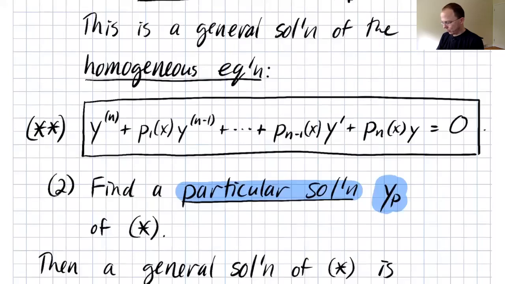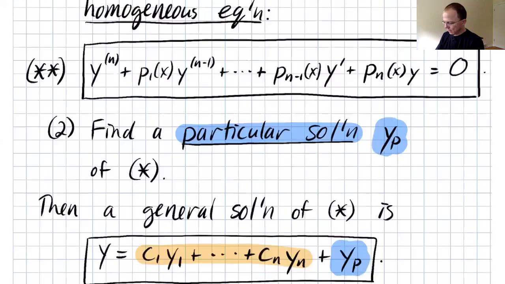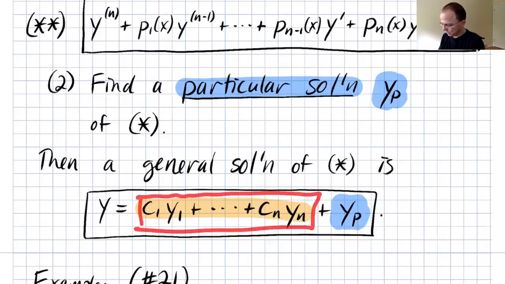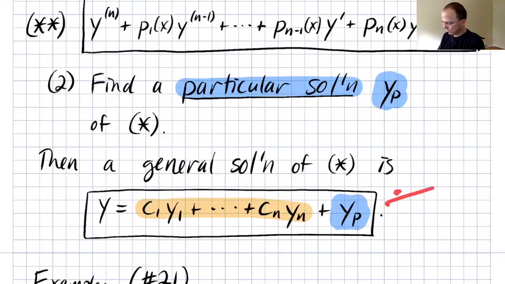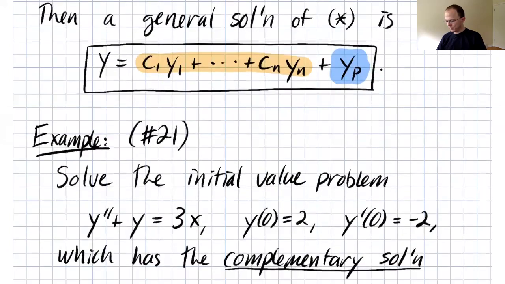Once we have a single particular solution, then a general solution of the differential equation is going to be: we take our complementary solution and our particular solution and add them together. This will give us a general solution for the differential equation. So let's have a look at this on an example.